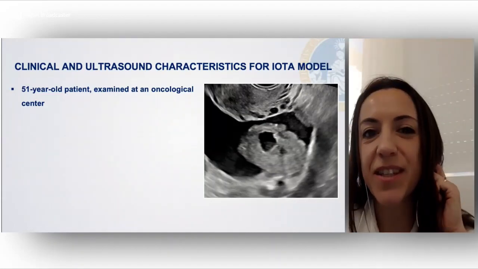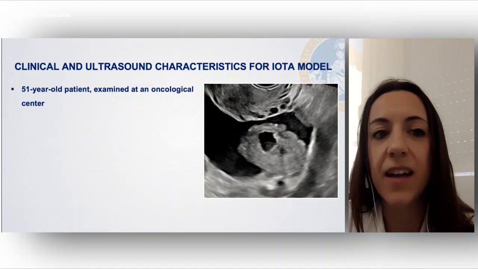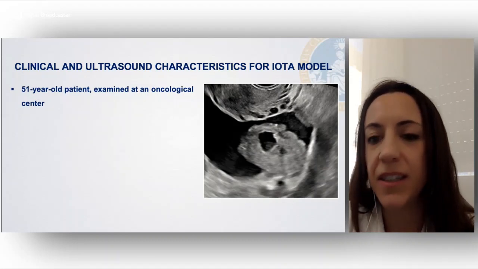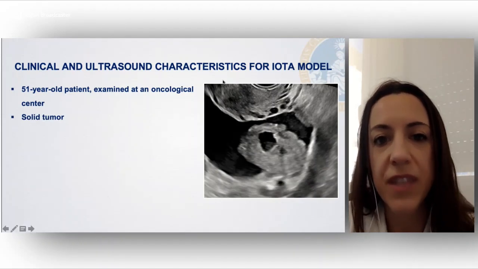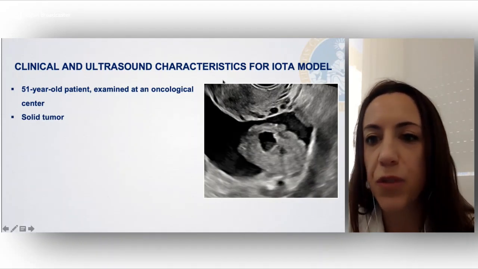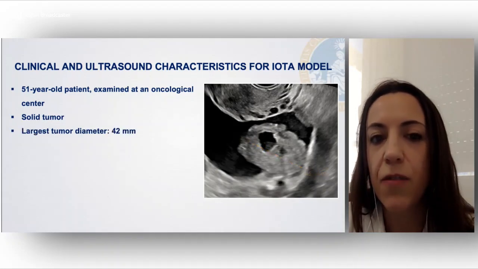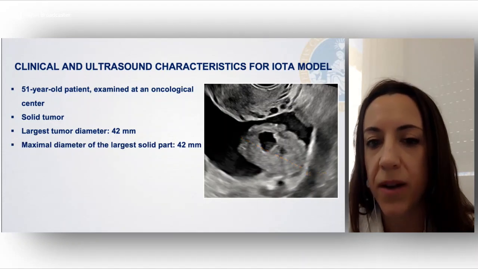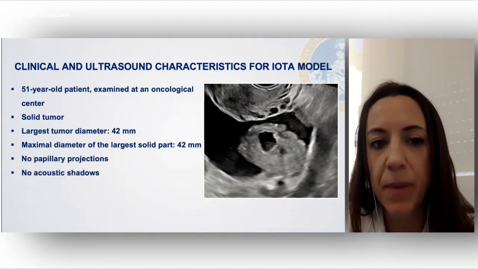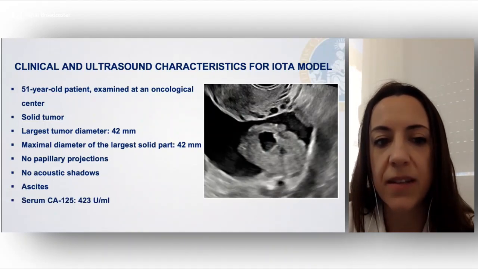These are the clinical and ultrasound characteristics of patients that we need to apply the ADNEX model: age, type of center, morphology of the tumor, solid, the largest tumor diameter, 42 millimeters, and the maximal diameter of the largest solid part. No papillary projections, no shadowing, ascites present.